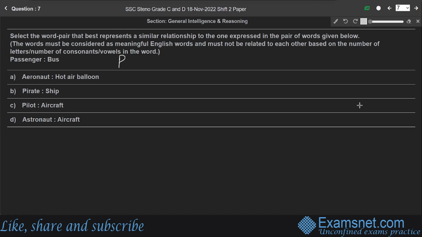So here the first word, passenger, travels by bus. Among the four options, aeronaut and hot air balloon: an aeronaut travels by hot air balloon.